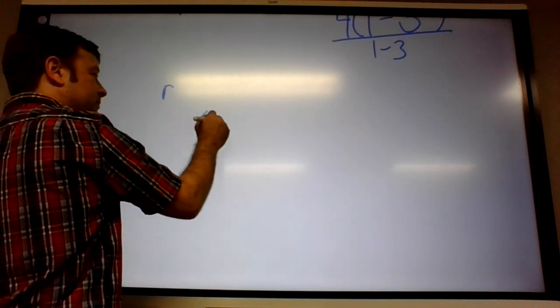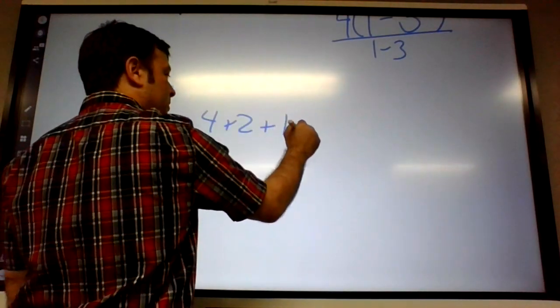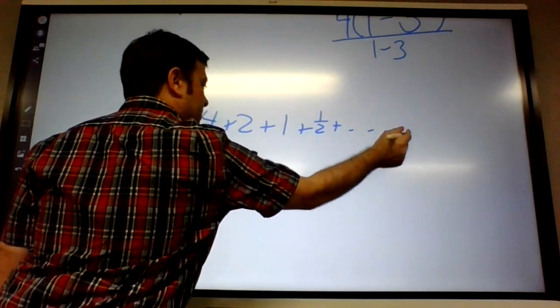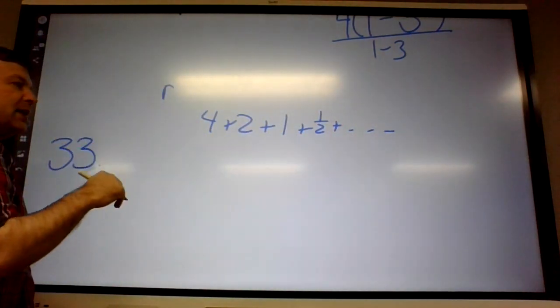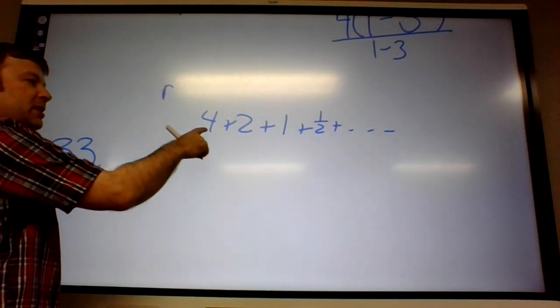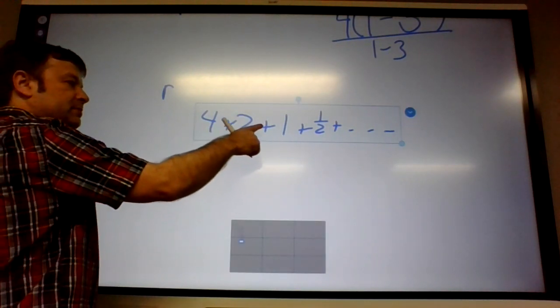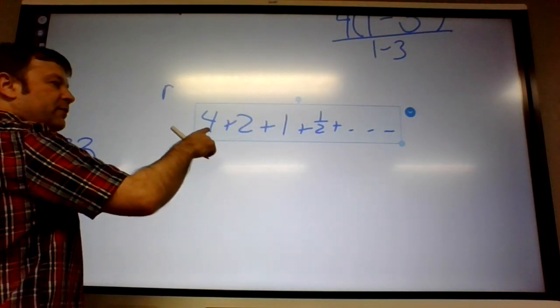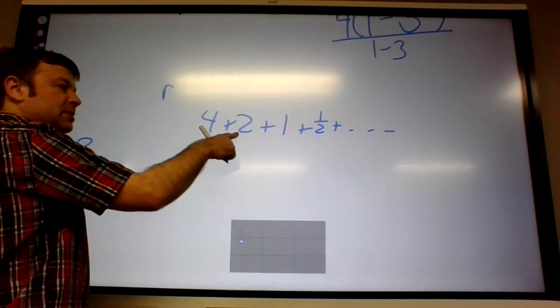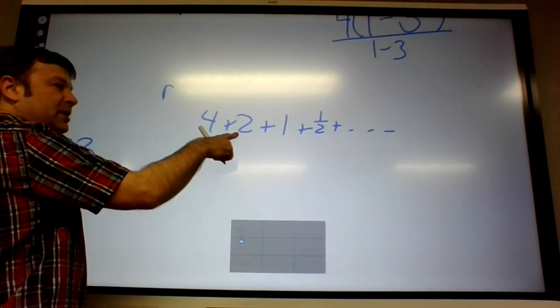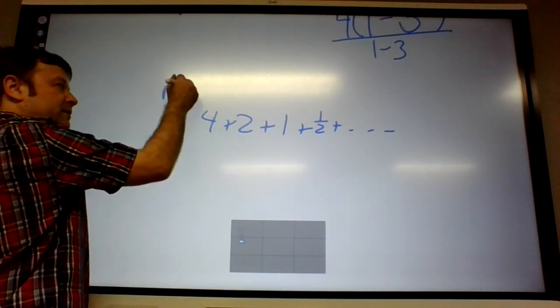For example, 4 plus 2 plus 1 plus a half plus towards infinity. Does this converge? What is the common ratio on this one? How do you get from 4 to 2? Divide by 2 or multiply by a half.